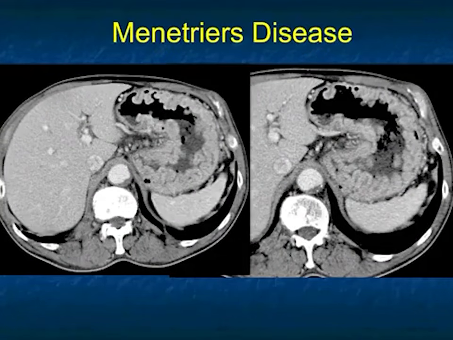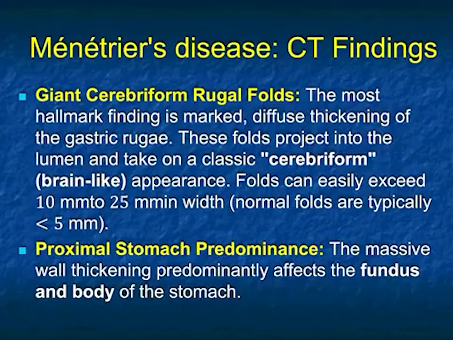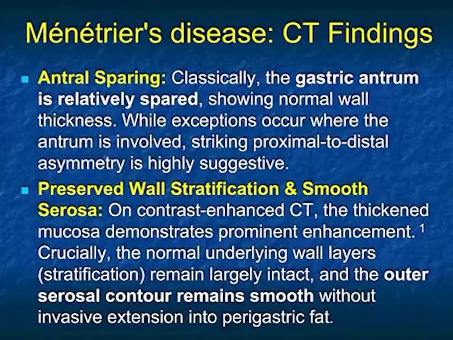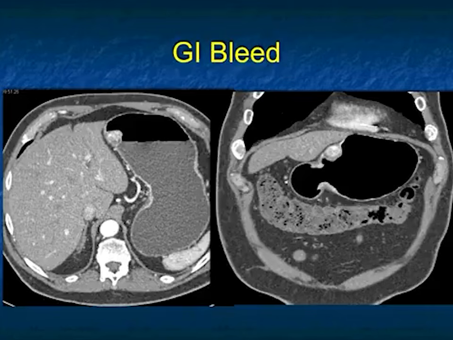The classic history of Menetrier's disease, uncommon but markedly thickened gastric wall. And if you look, it has these cerebriform rugal folds, brain-like, classic for Menetrier's disease. Proximal stomach, as in this case, is the most common zone of involvement. Often, as in this case, antral sparing, preserved wall stratification, and smooth muscle, serosa. Again, just a very impressive example, something we don't see very often, at least in our practice.